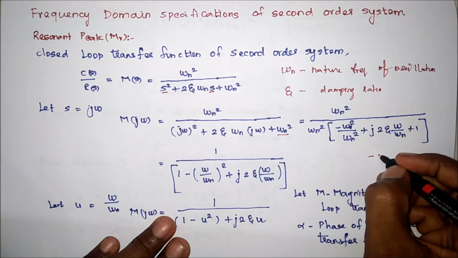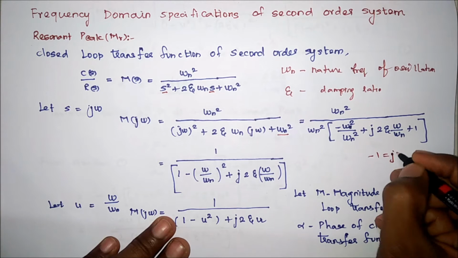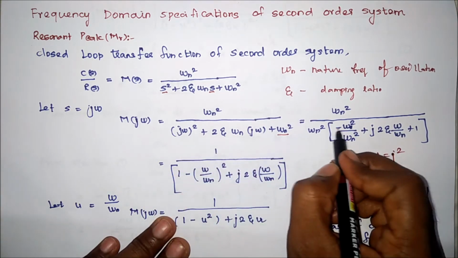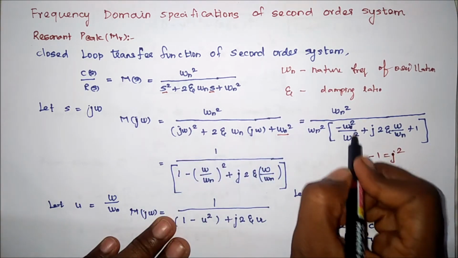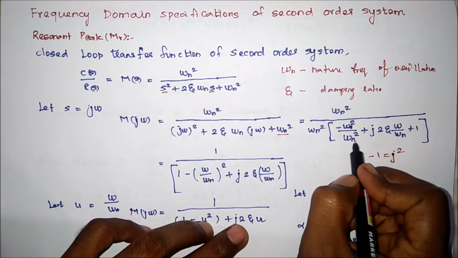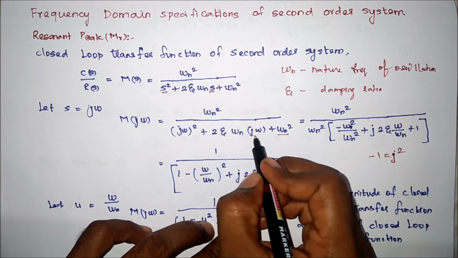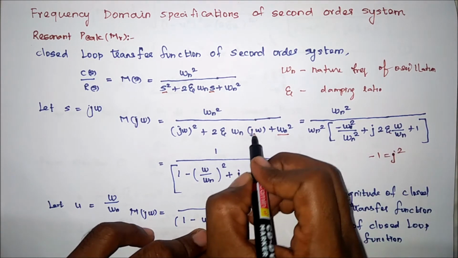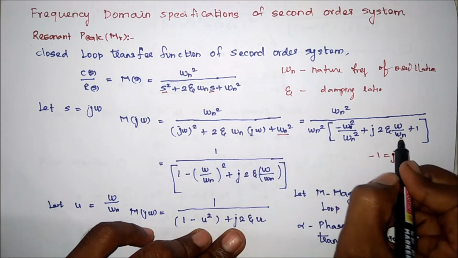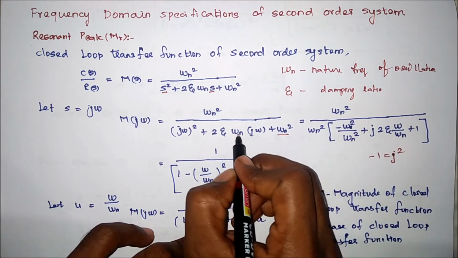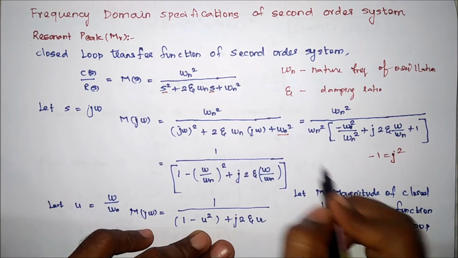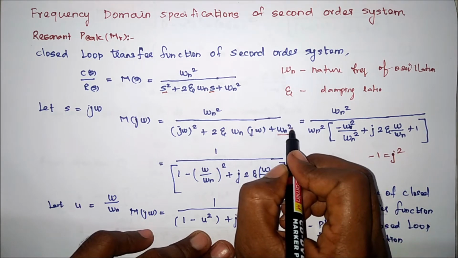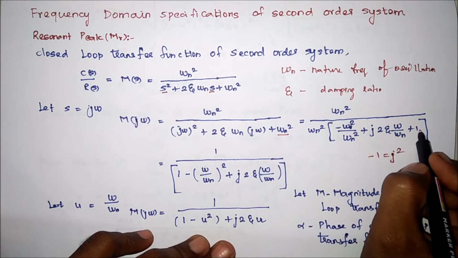We know minus 1 equal to j square. So here j square will become minus 1, omega will become omega square. So omega square divided by omega n square plus j eta omega divided by omega n, because from this we have taken omega n square outside. Here omega n square is available, so we have taken outside, it will become 1.